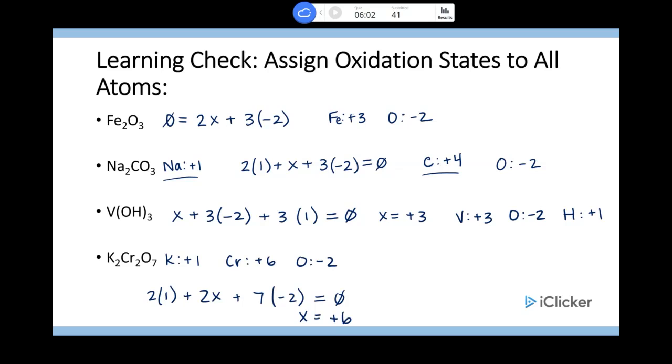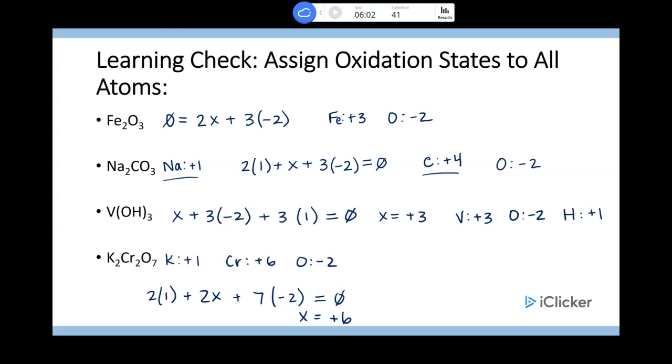Questions on any of these? On the test, is it going to ask us, for example, to find which exact element, as opposed to finding each individual one? I mean, it could ask both.